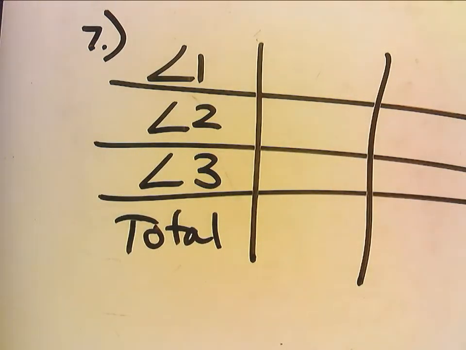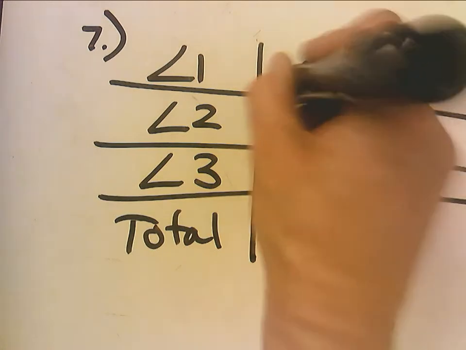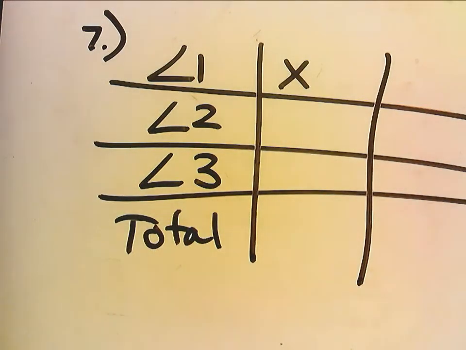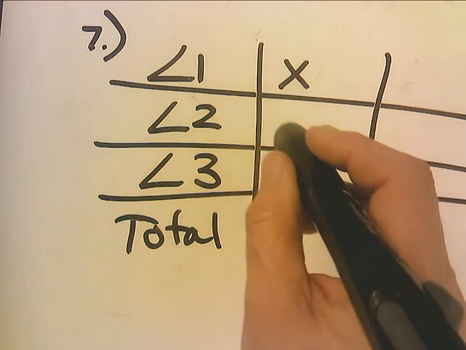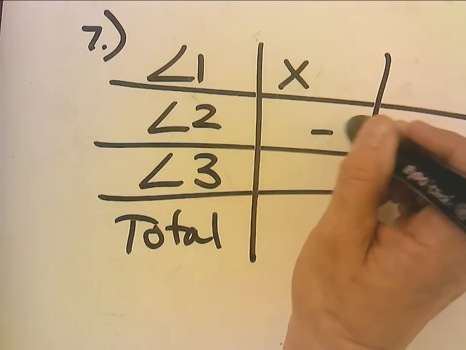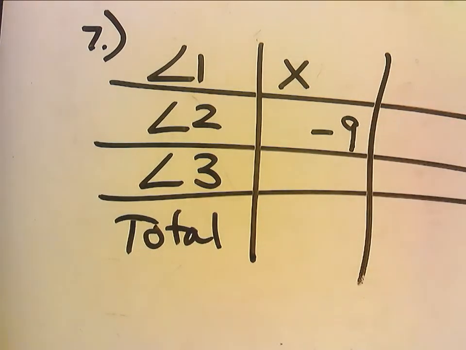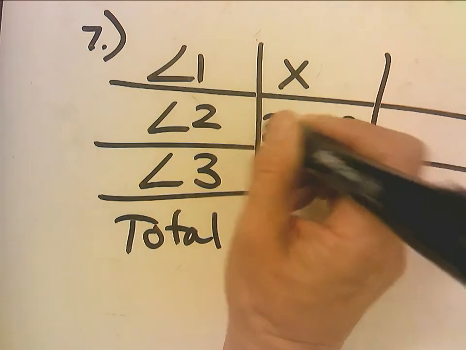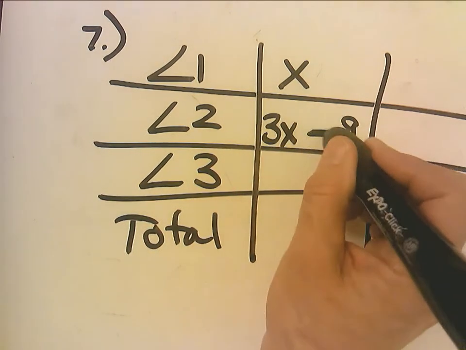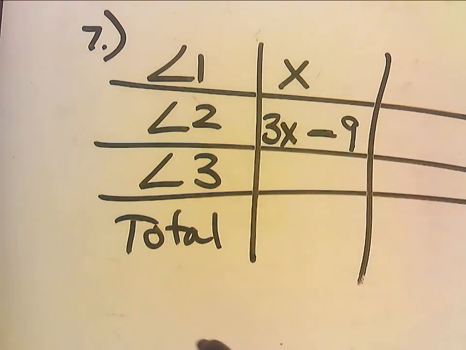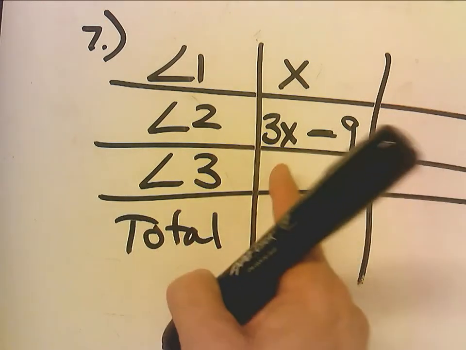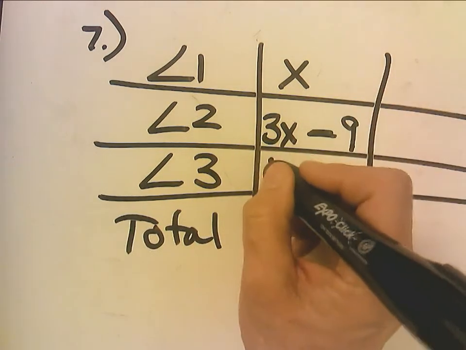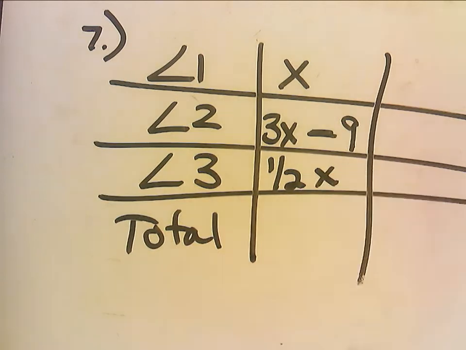Number 7 says the second angle of a triangle is 9 less than 3 times the first. So we're going to let the first be x. And how would we show 9 less than? Remember, less than means put it second, 3 times the first. So this is 9 less than 3 times the first. The third angle is half the first. Okay, annoying, but doable. So I have to use a fraction.